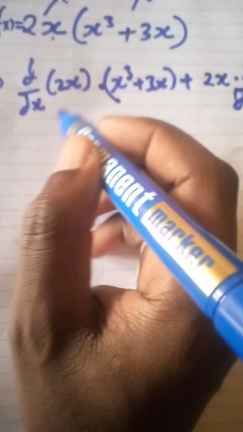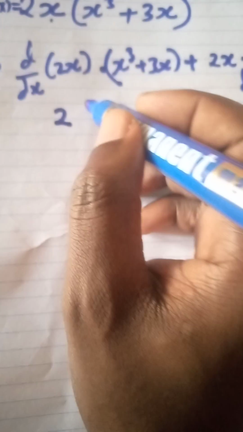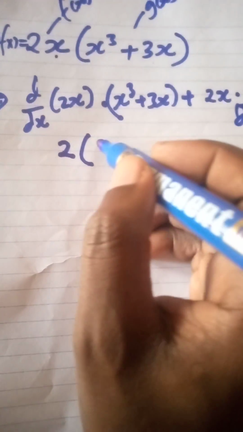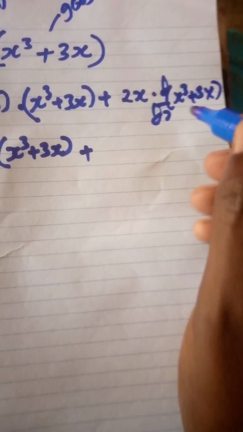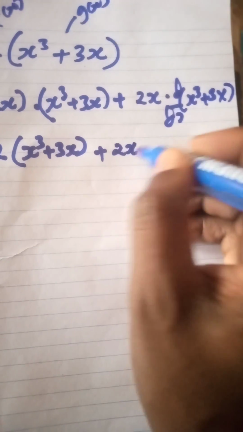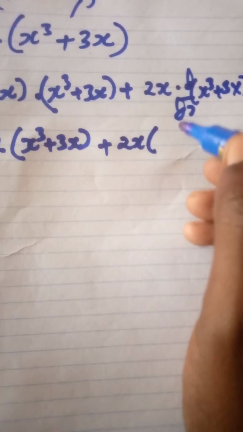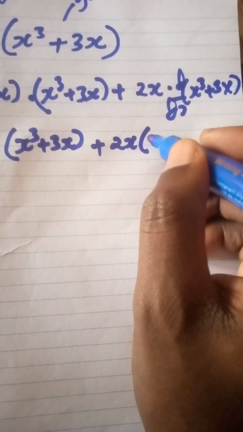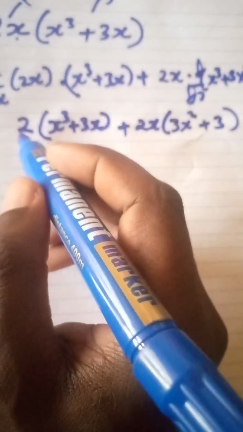So obviously, if I differentiate this I get 2, multiplied by this one which remains. On this side, I'll take 2x multiplied by the derivative of this side, I'll have 3x squared plus 3. So I can open the bracket.